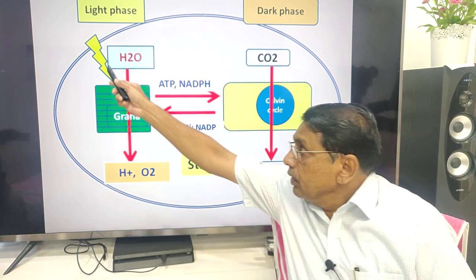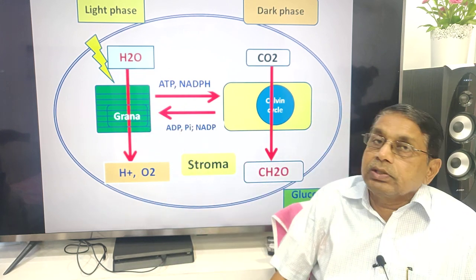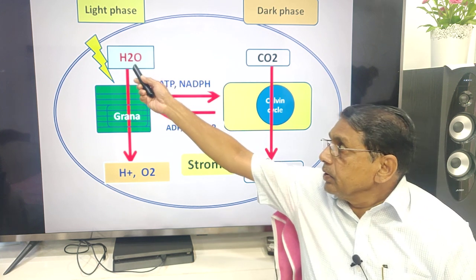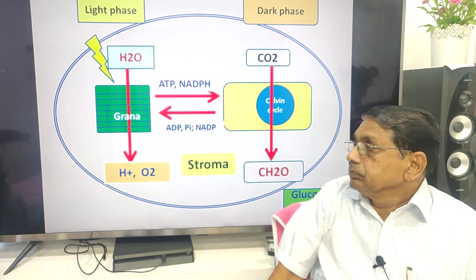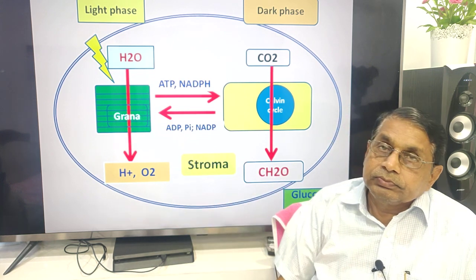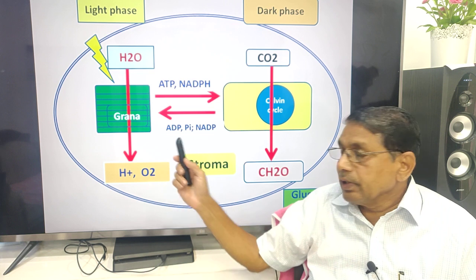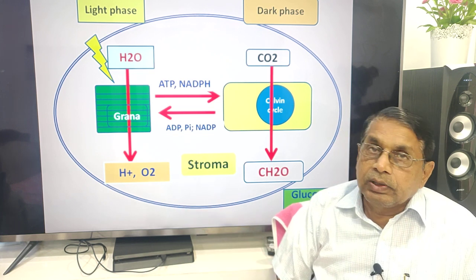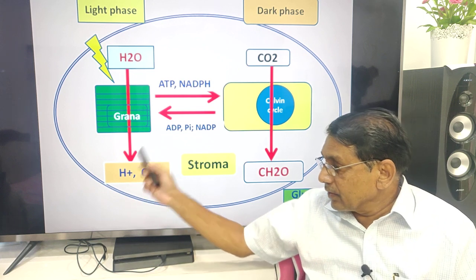Then light falls on the grana. The other requirement is water. And during the light phase reactions, oxygen is released as a result of photolysis of water, then protons and electrons.